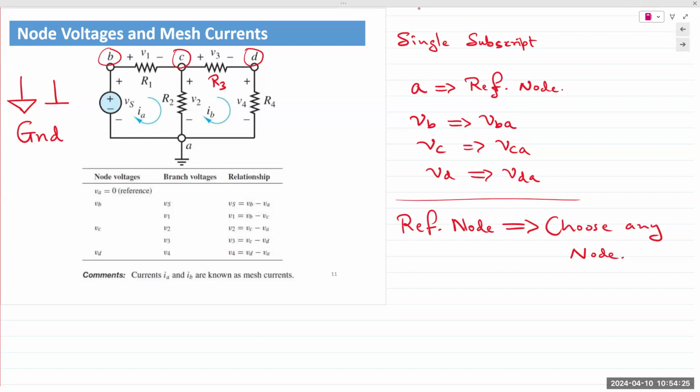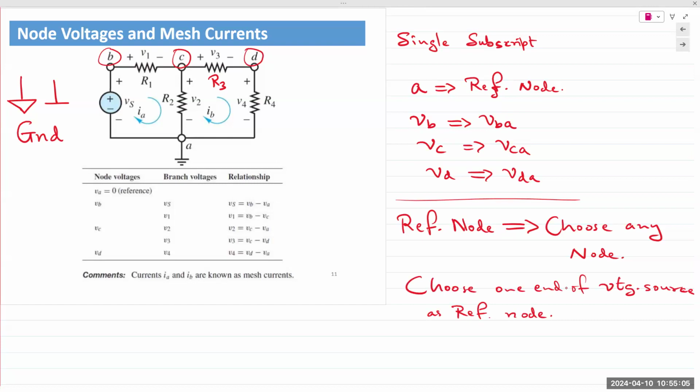In node voltage analysis, if you have a voltage source in a circuit, always choose one end of that voltage source as your reference node. There are two important reasons why.